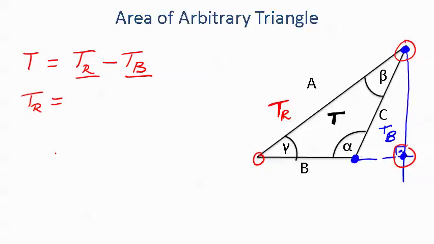We do not know the length B1, so the length of the perpendicular base will be B plus B1, nor do we know the height of the second perpendicular.